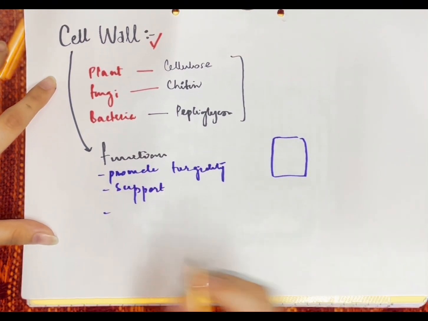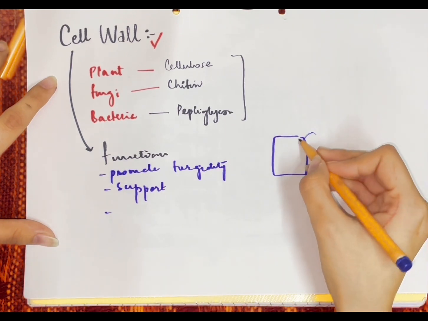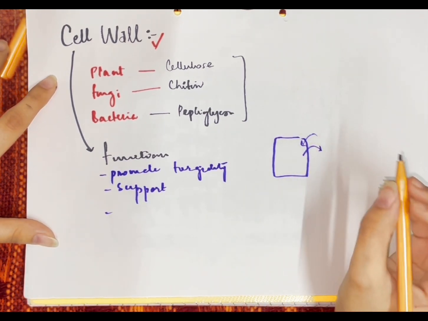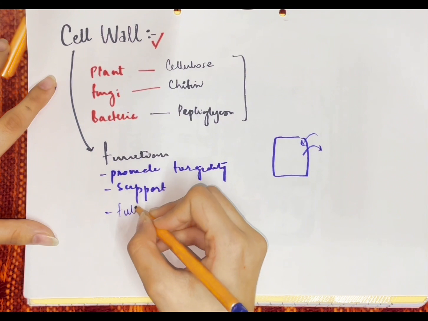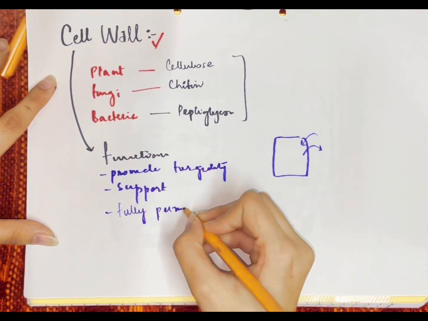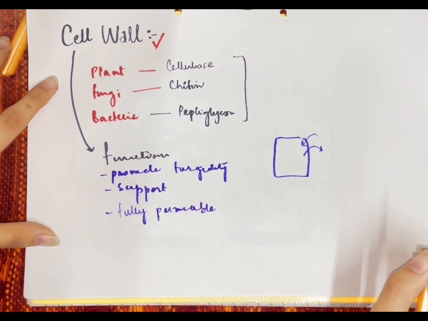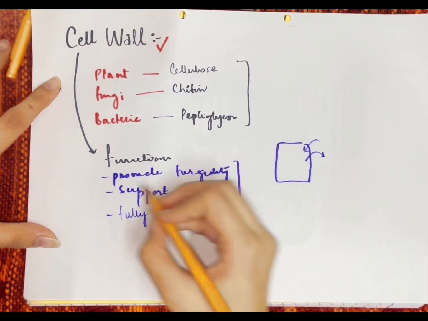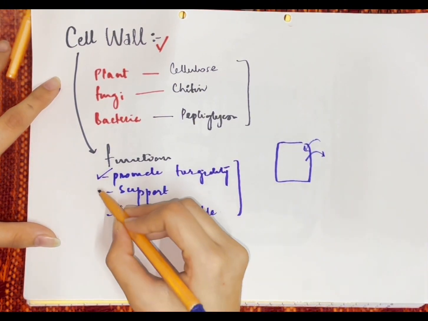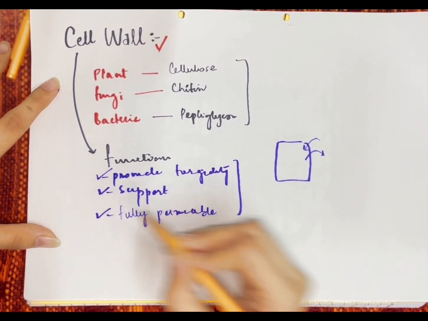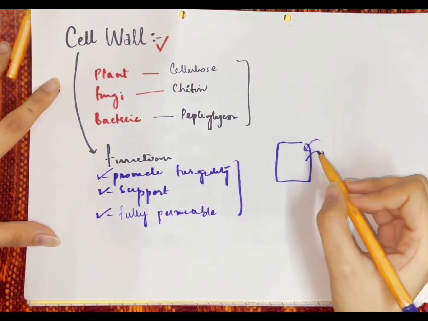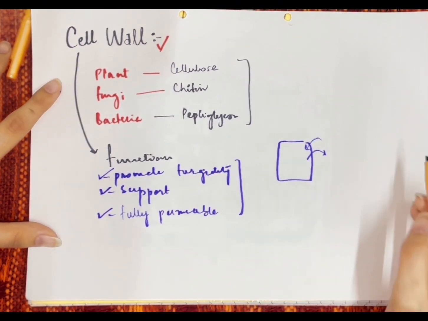It also allows substances to enter and leave the cell, that is, we call it fully permeable. So these are the three very important and major points: it promotes turgidity, it supports the plant cell, and it is fully permeable. Thus, it allows substances to enter into and leave the cell.